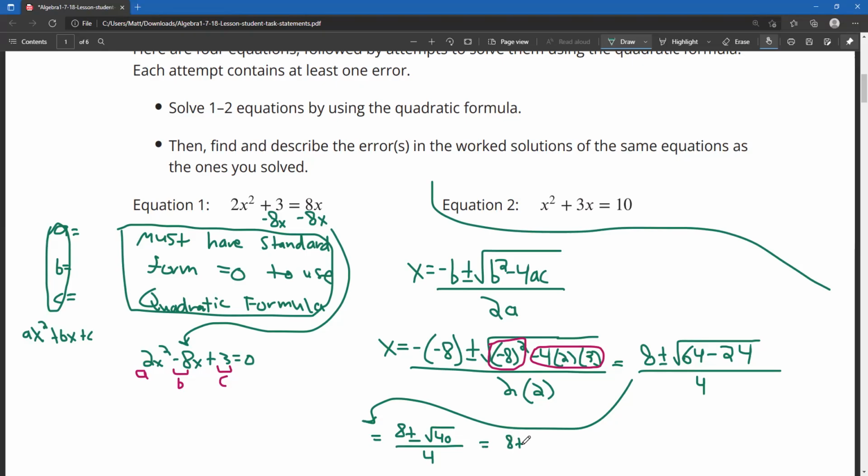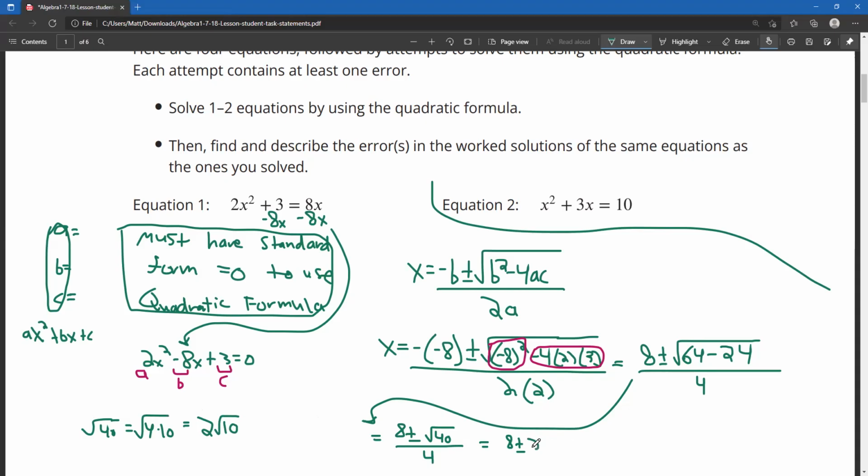8 plus or minus, so 4 is a perfect square that goes into 40. So the square root of 40 is the square root of 4 times 10. The square root of 4 is 2, keep the square root of 10 as it is. That is not a perfect square. There are no perfect squares that go into 10 besides 1.